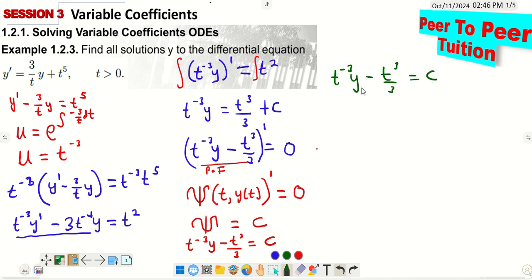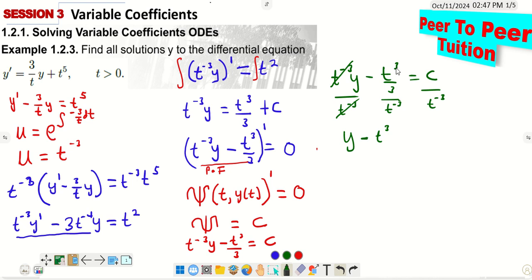So what we have to do is to divide both sides by t negative 3. This will cancel this, so I have y here. Then this t negative 3 will go up. When it goes up, it will be t to the power 3.